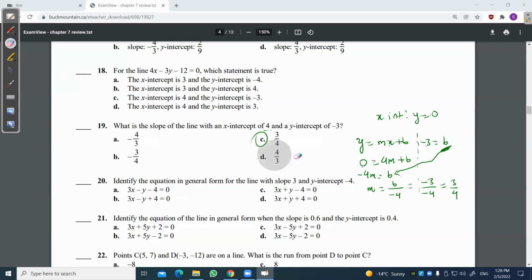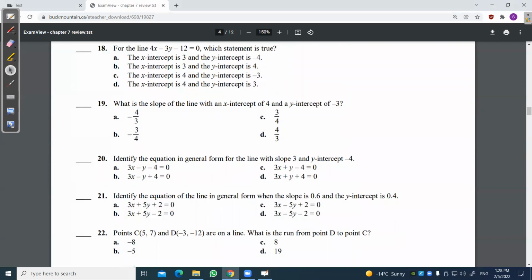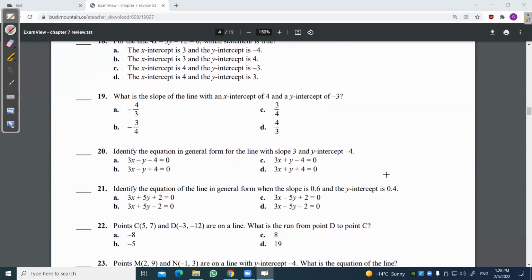Okay. Number 20, identify the equation in general form for this. So how do we start this? Wouldn't it just be C?